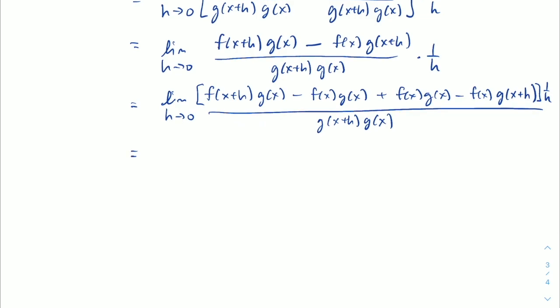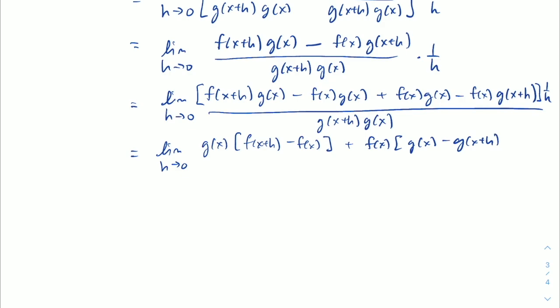Okay. So let's keep going. Now what I'm going to do is factor g of x out of the first two terms in the numerator. So I'll get f of x plus h minus f of x. And then I'm going to factor f of x out of the two terms at the end there. So I'll get f of x times g of x minus g of x plus h. And then I'm going to distribute this 1 over h to both these two factored pairs.